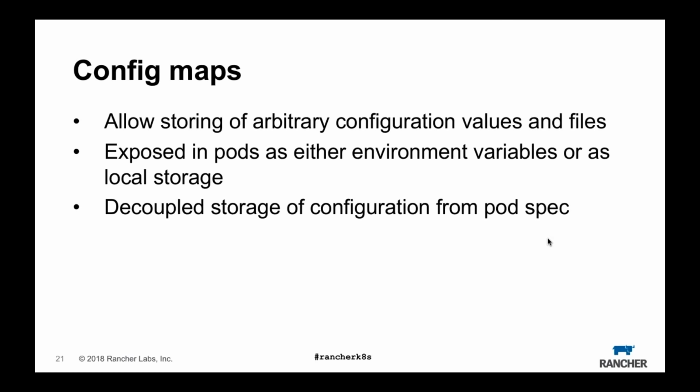It's kind of like a key value store where you can add arbitrary values for configuration, and then you can reference these config maps in your replica set or in your deployment, and you can then provide it to the container as environment variables, or even as files in a temporary file system that will be mounted to the container.